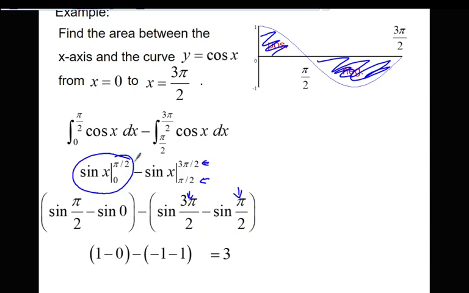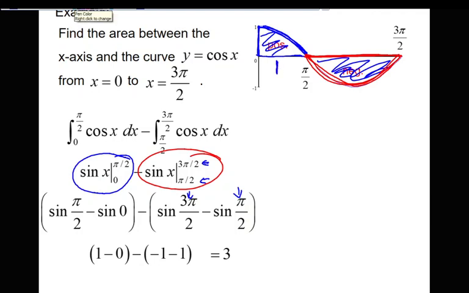But that also means that it's telling me this right here is the area from 0 to pi over 2. That's this piece right here. Okay? This part right here represents this area here. So this area right here is 1, and technically this area right here is -2.